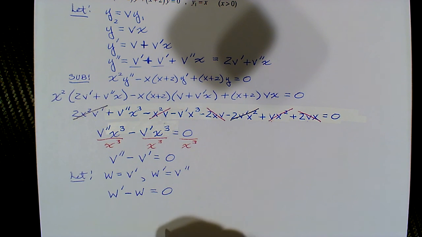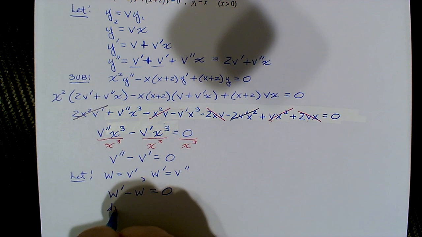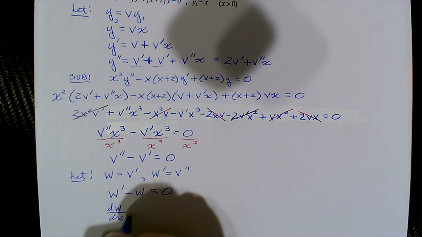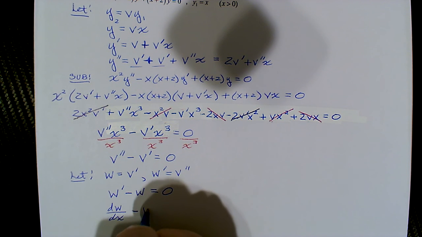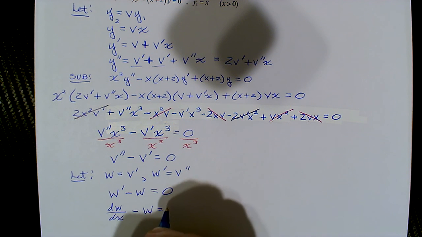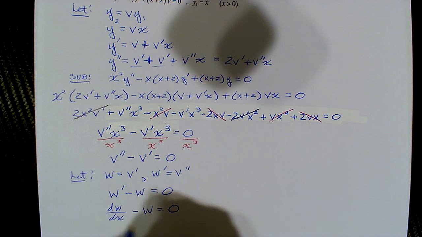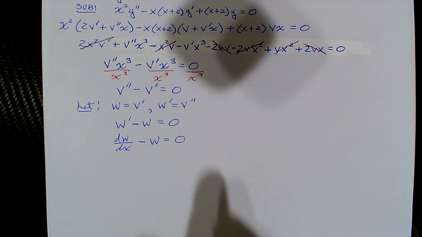And then once again, we're going to be able to separate the variables, because the order is now reduced to first order, and separation of variables will always work. So when we call w prime dw over dx, and then minus w is 0.